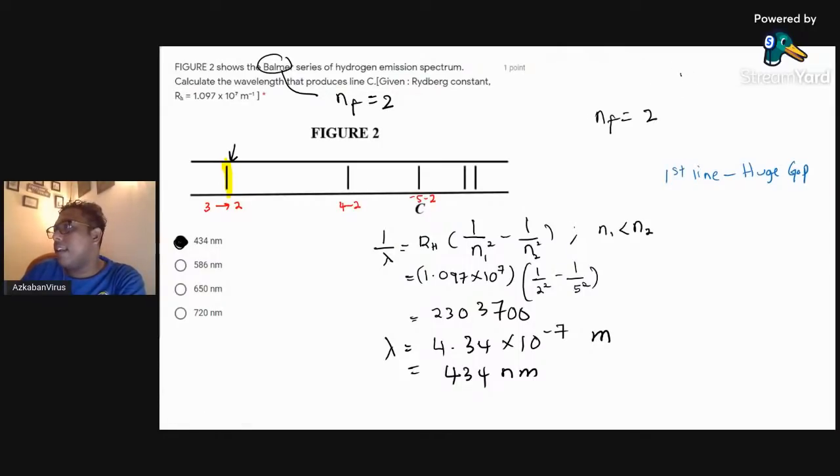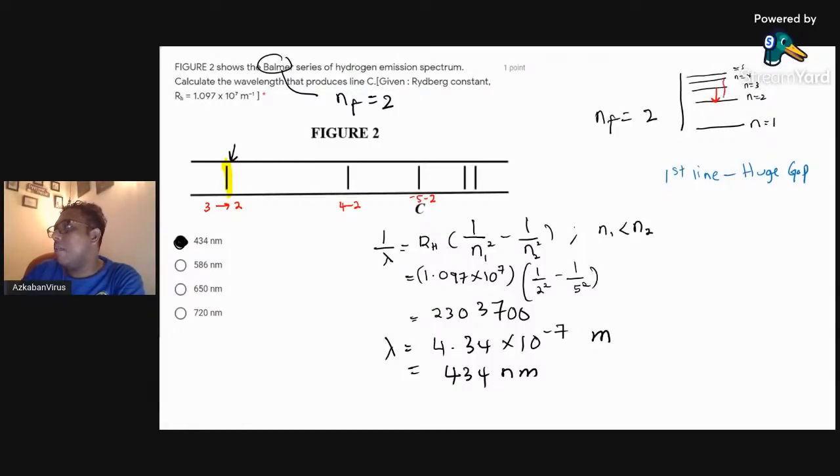Line pertama terhasil bila 3 pergi 2. Itu yang menghasilkan this line.